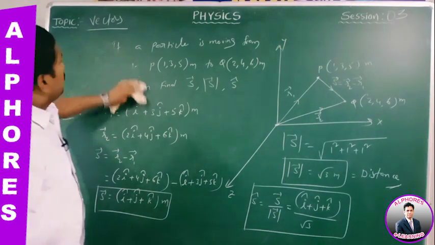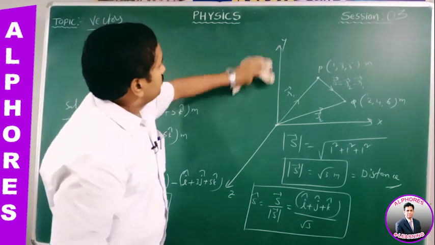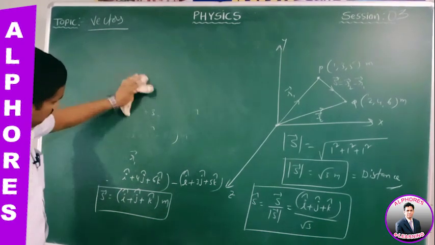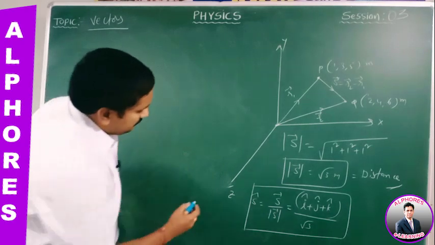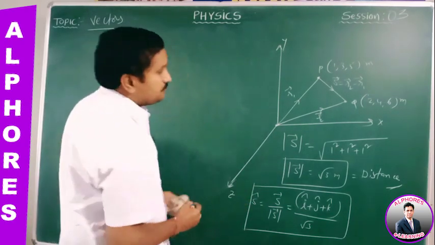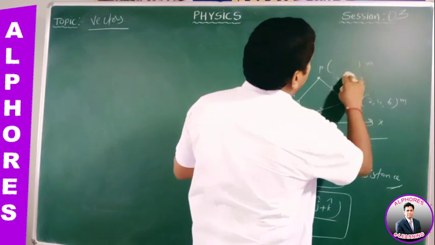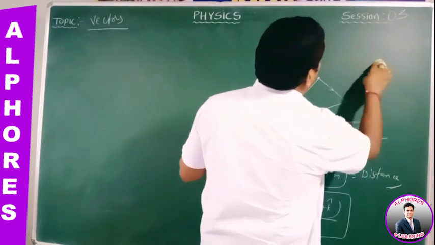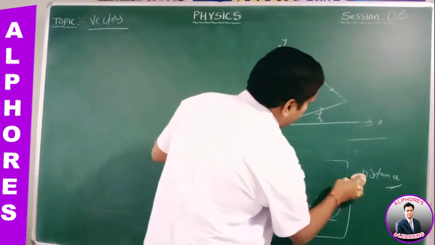Now in the same method I will give one problem, with different problems, meaning different coordinates. Okay, here I am giving different points. In the same method we have to solve.